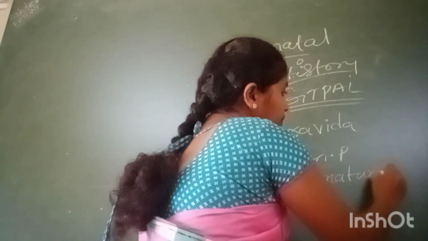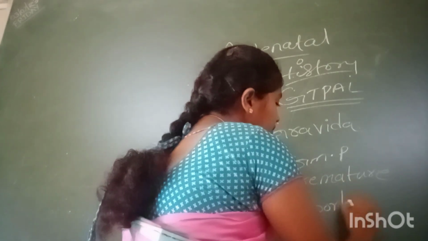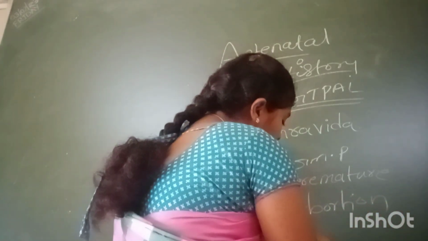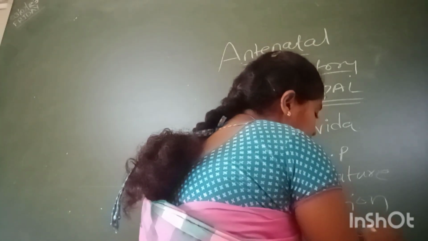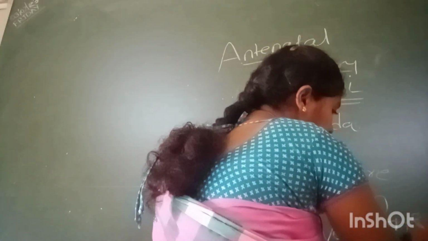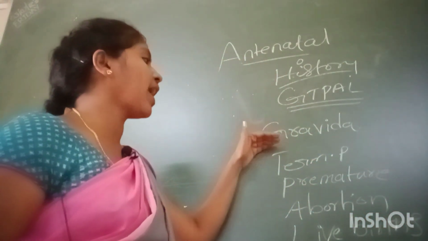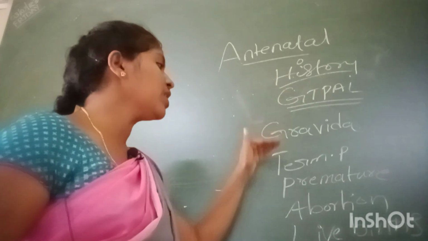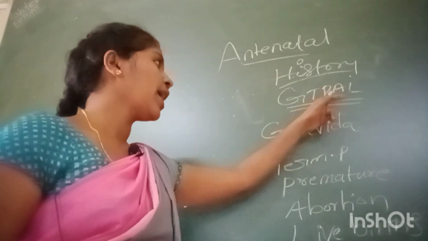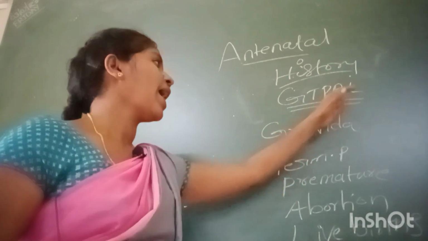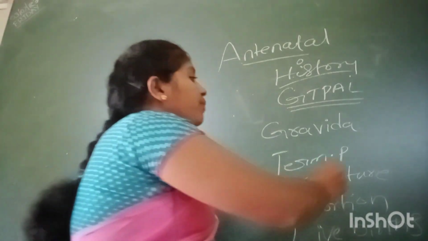G for gravida, T for term pregnancy, P for premature, A for abortion, and L for live births.